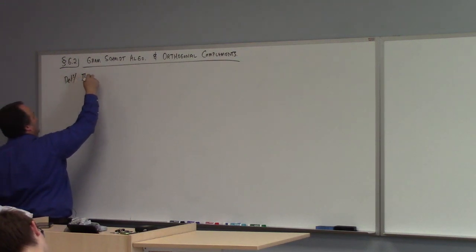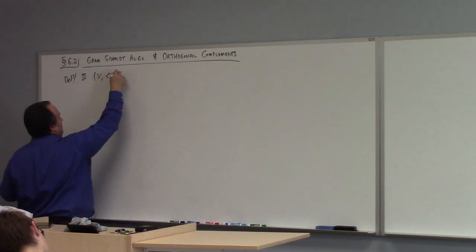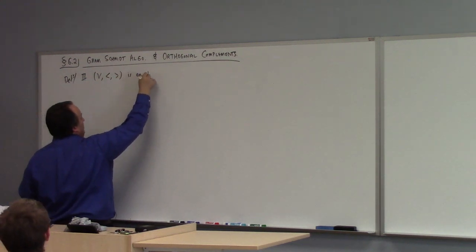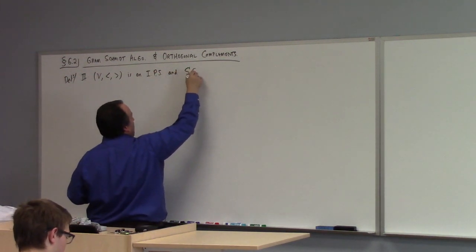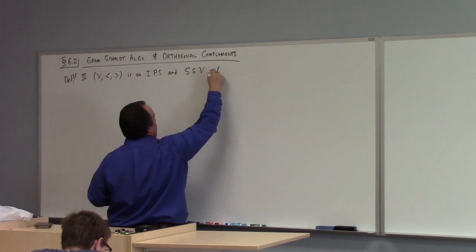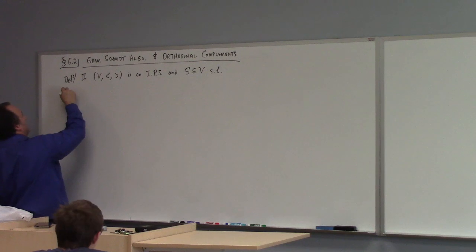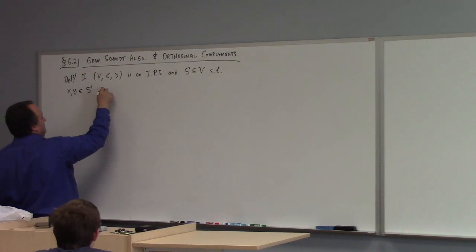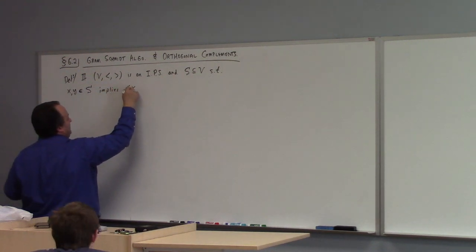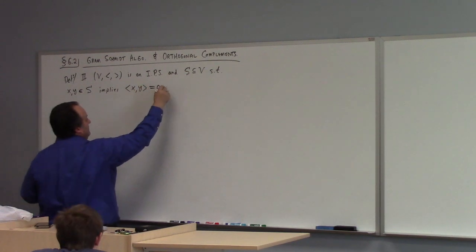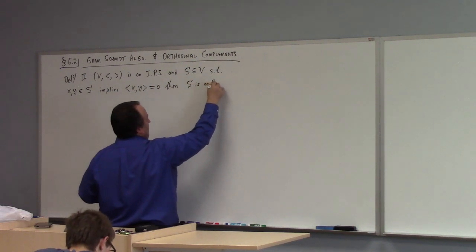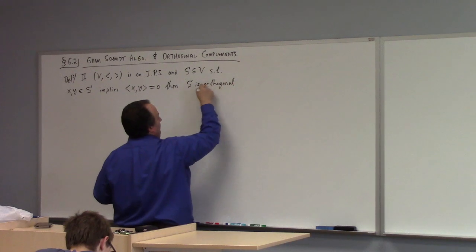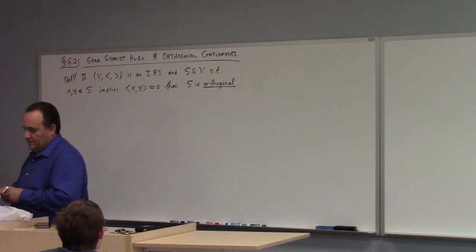If V with ⟨·,·⟩ is an inner product space and S is a subset of V such that x, y in S implies the inner product of x and y is equal to 0, then S is orthogonal.